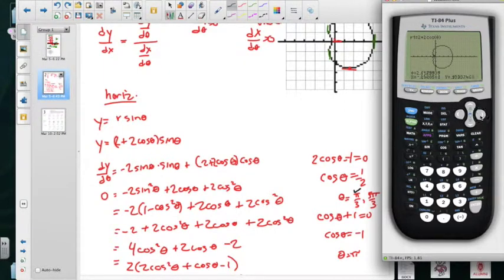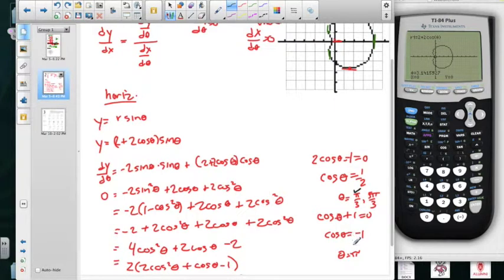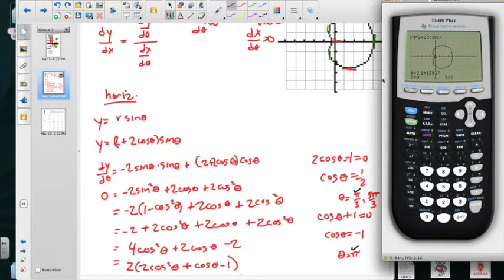Let's take a look at what we have here. 21, 22, 23, 24. There we are. So we're just getting right into that pole. So if we notice we're at the pole at pi, so that must be that solution. And then we're going for this horizontal tangent now.